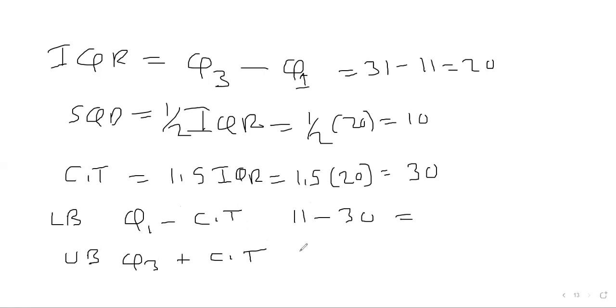The upper bound is 31 plus 30, which is 61. This leads us to what is called a box plot.